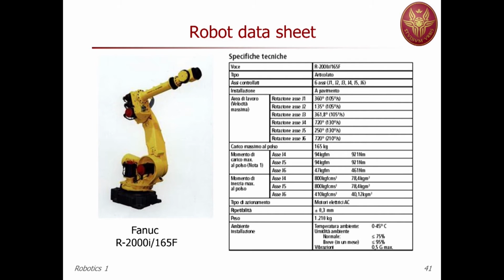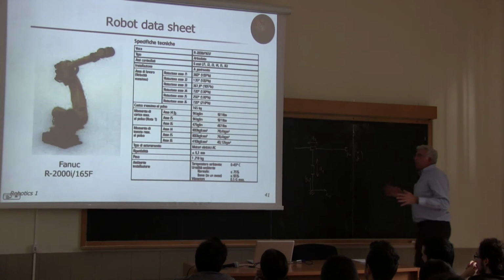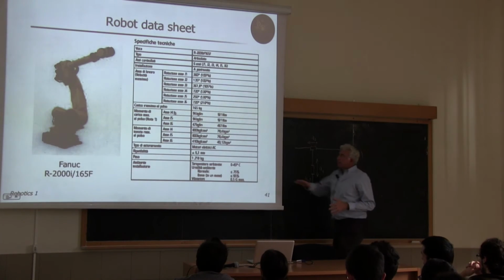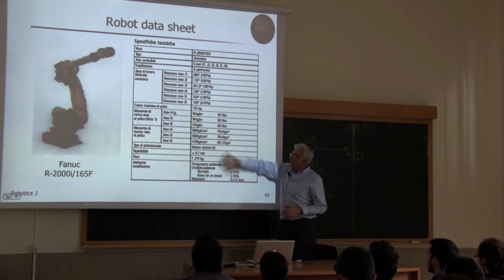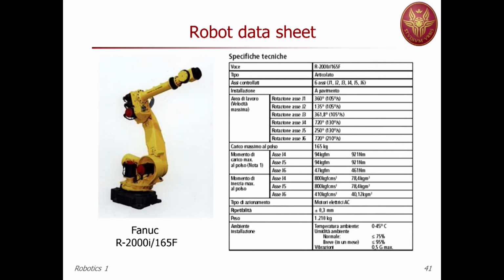Of course, some software needs to be developed for the specific application, but at some point you will always be faced with looking at this type of data sheet. This is now in Italian, but of course you can have it in any language. So this is a Fanuc robot, 6 degrees of freedom, and here you can read the main parameters.